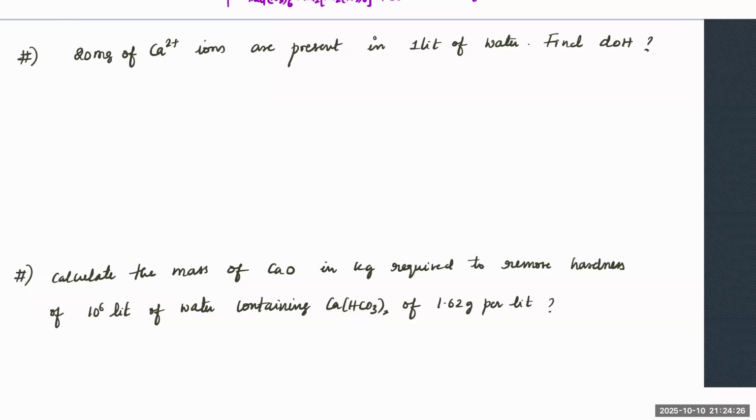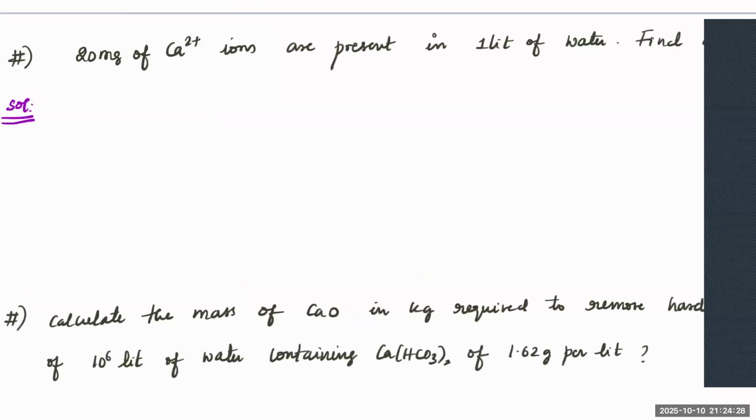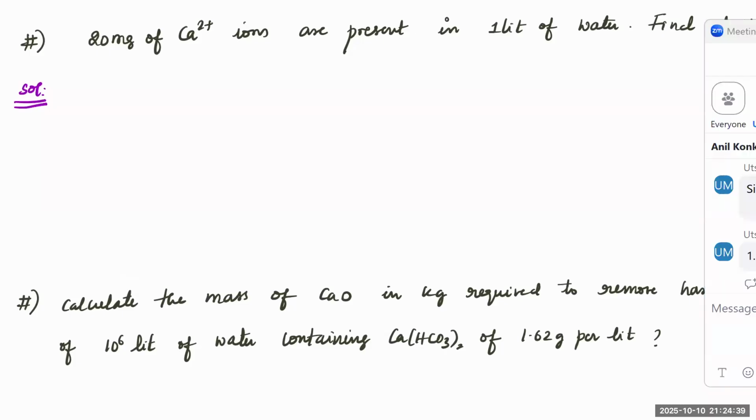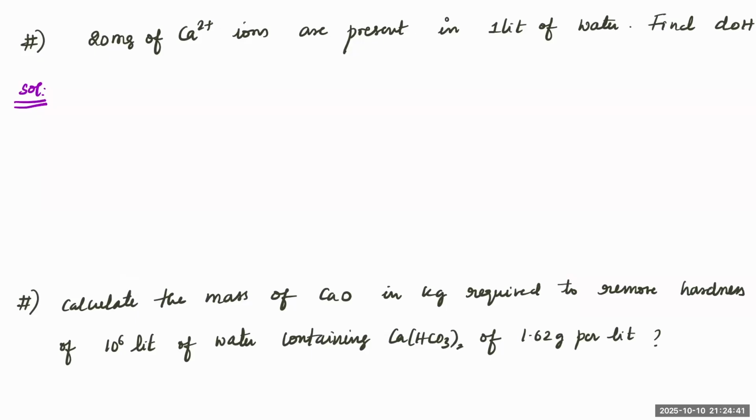See, 20 milligrams of calcium 2 plus ions. When it is written as calcium 2 plus, you should understand we are talking about the atomic mass of calcium 2 plus only. So how many moles of calcium 2 plus are present here? Number of moles is weight divided by molar mass.